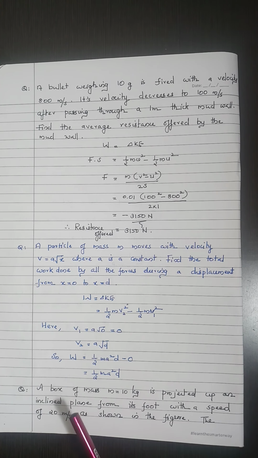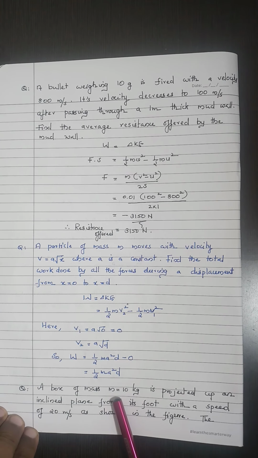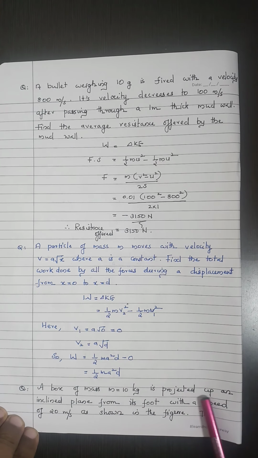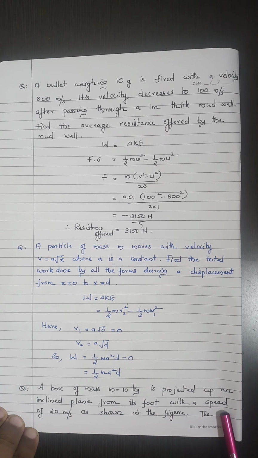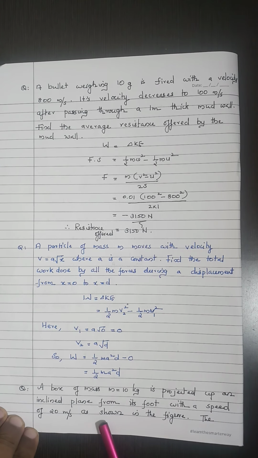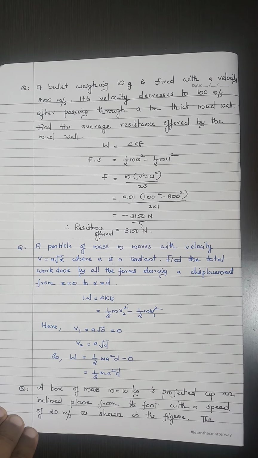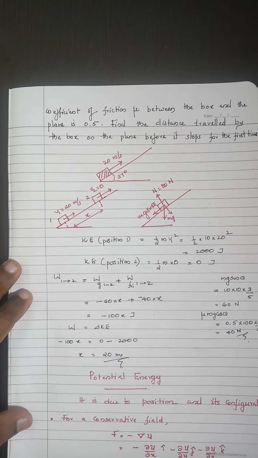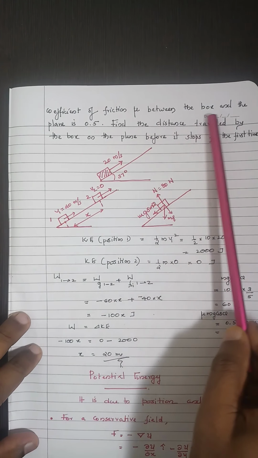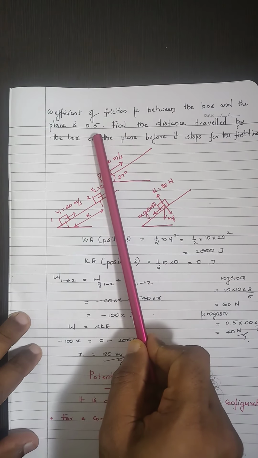We are waiting with a very good question. A box of mass m equal to 10 kilogram is projected up an inclined plane from its foot with a speed of 20 meter per second as shown in the figure. The coefficient of friction mu between the box and the plane is 0.5.